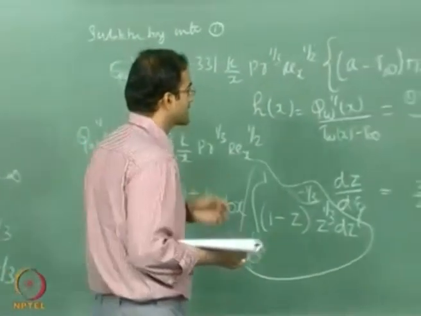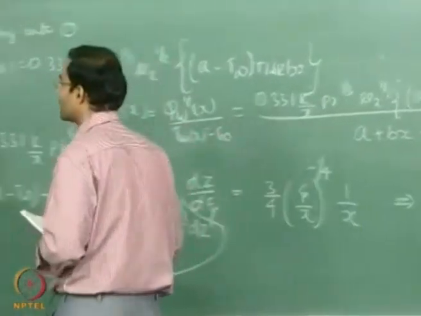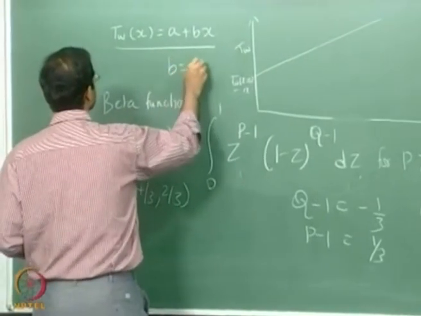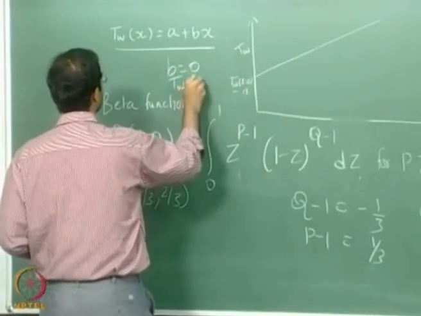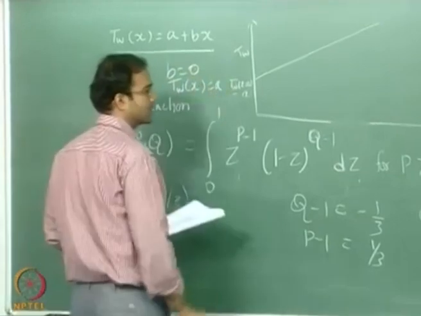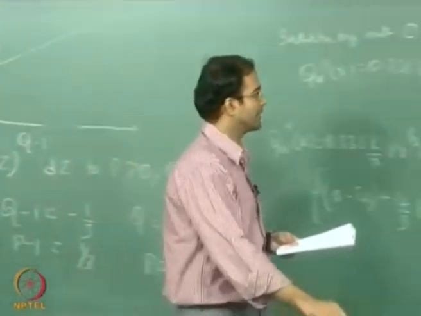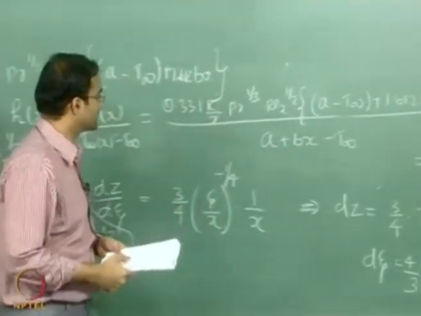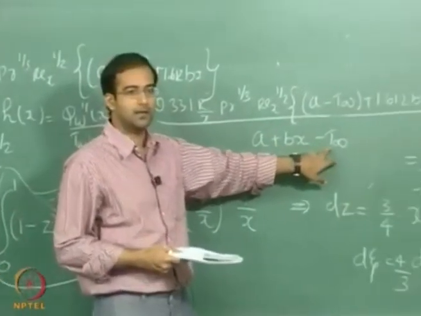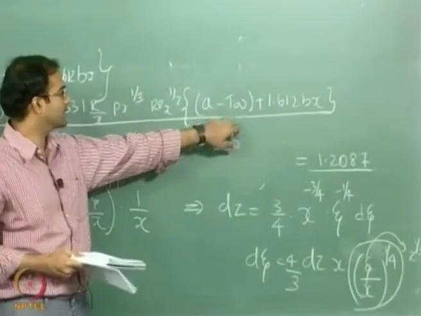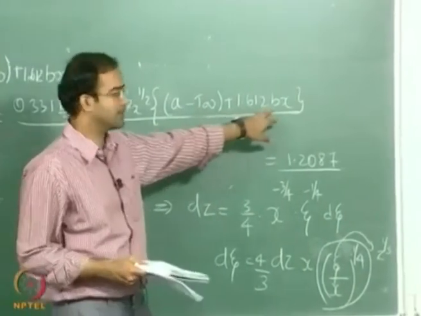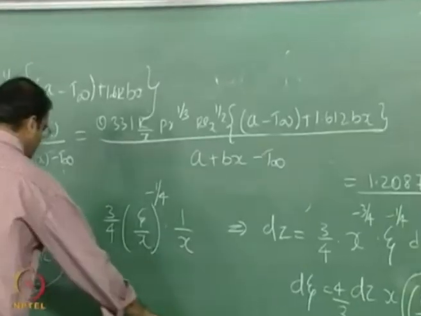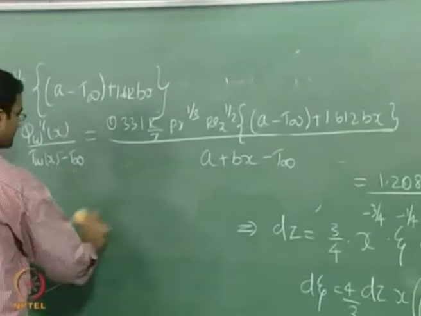for the limiting case where your B equal to 0, B equal to 0 gives me a uniform wall temperature. So for that case how does it reduce? This becomes A minus T infinity here, the denominator cancels with A minus T infinity here, B is anyway 0. So what will be the expression?